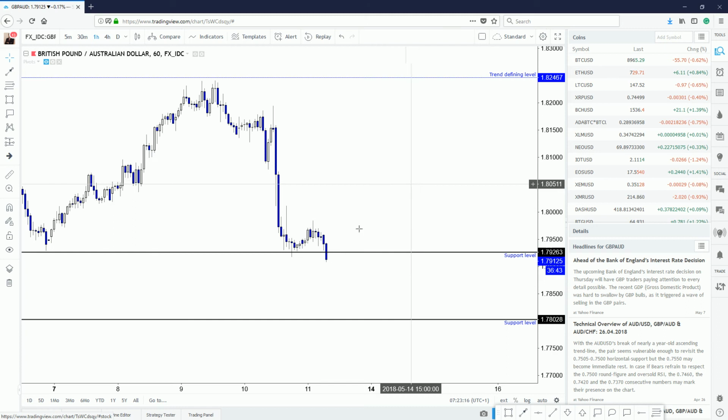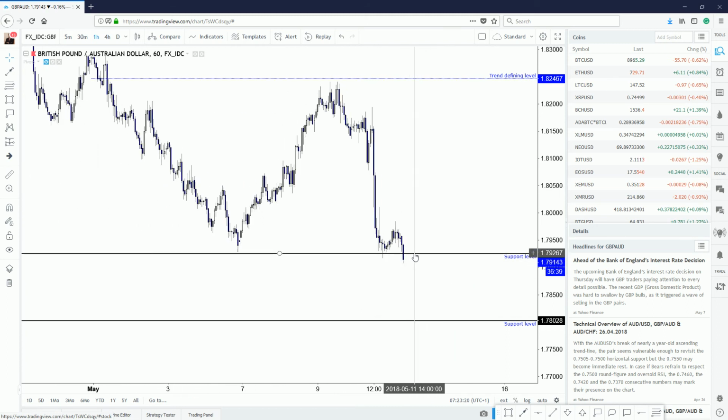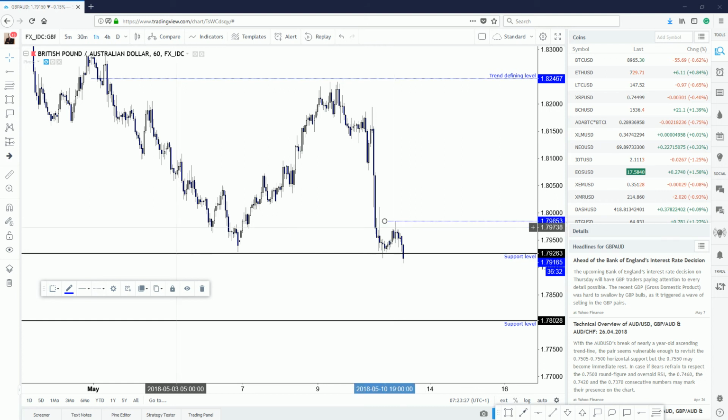So one way anyway, this is trying to take out the low. If it takes out the low here, I think we could touch 78, which is the next support level, which is up here. Now, something you can do here to validate is to see what's going on with the Aussie dollar in general.